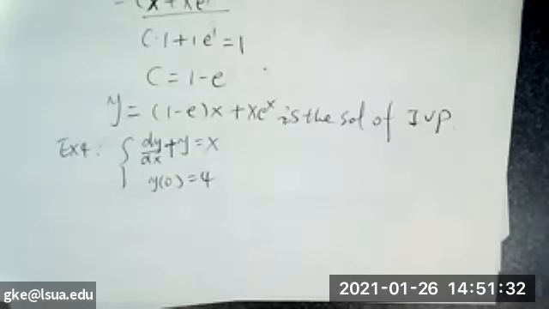Okay. dy over dx plus 1 equals e to the x.